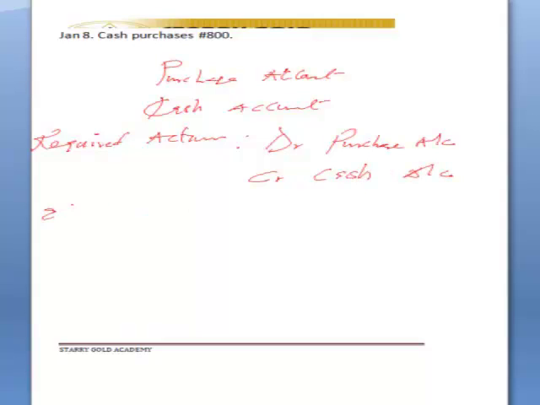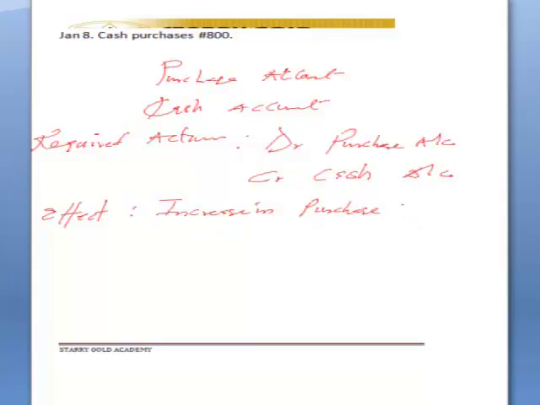So the effect is that there is an increase in purchases, which is an expense account.